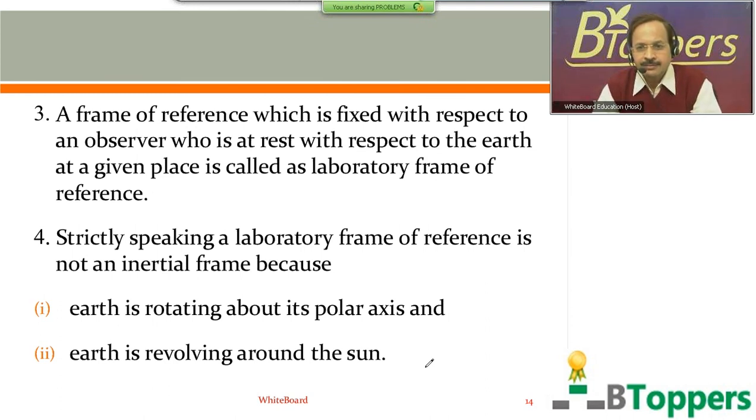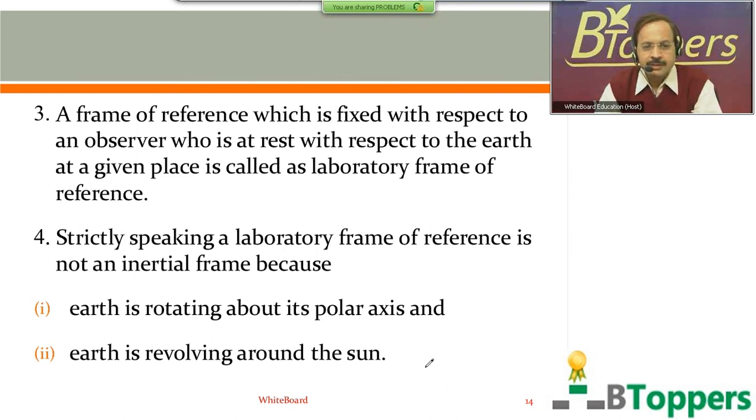In one of the very old IIT entrance examinations, one theory question, a conceptual question, was given based on frames of reference, based on the 4th point which I have shown, the last point on the screen. A frame of reference fixed to the earth by definition. 4 options are given. One option is: is an inertial frame.